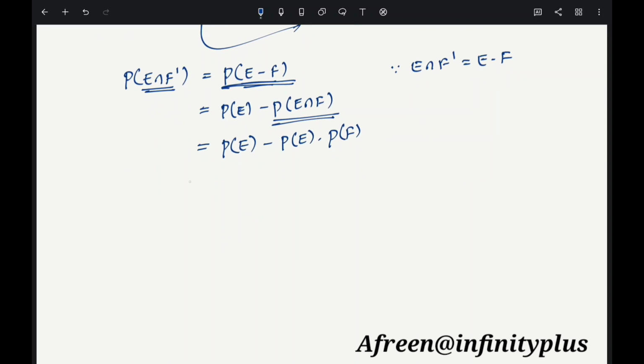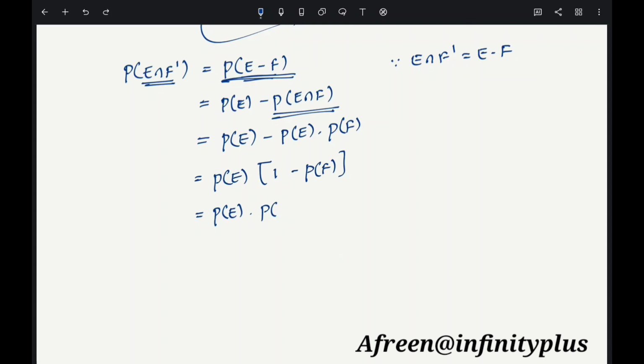Now from these two you can observe that we can take common P of E. So what's remaining? It is 1 minus P of F. So what is 1 minus P of F? Yes, P of E into 1 minus P of F, and 1 minus P of F is nothing but P of F dash.